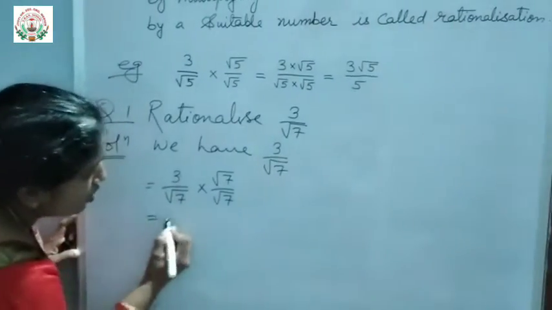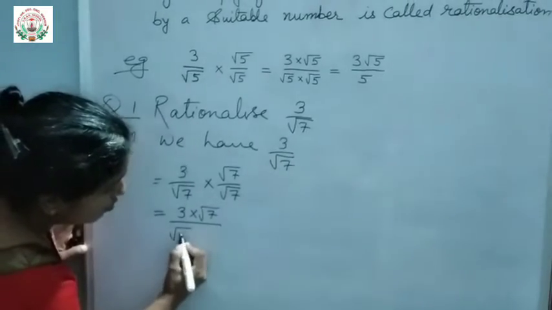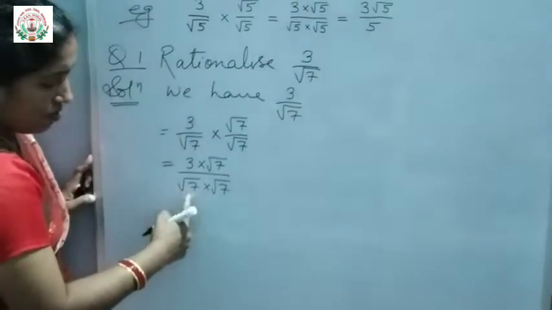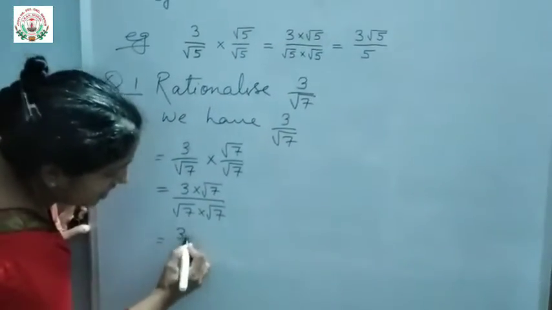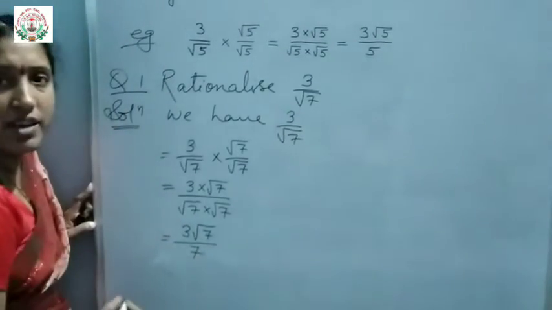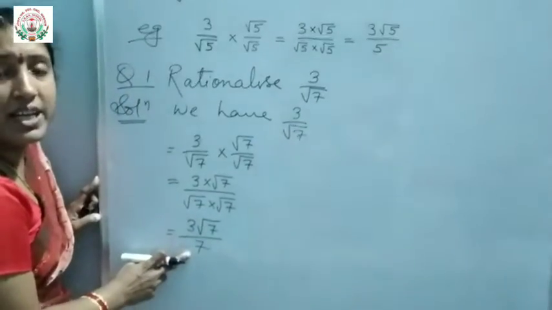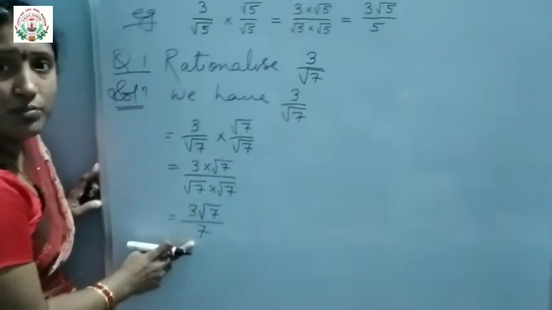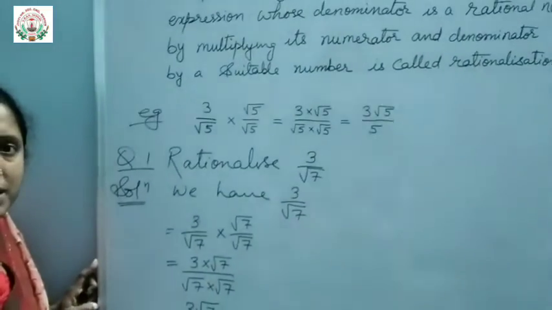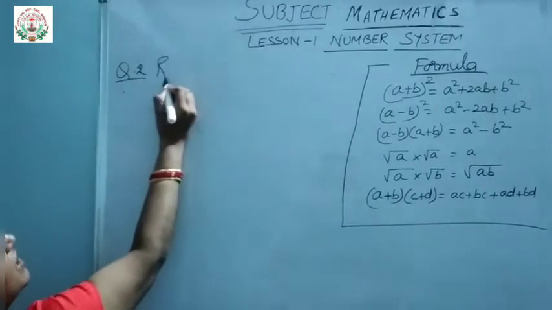Now on multiplication we get 3 into root 7 upon root 7 into root 7. Root 7 into root 7 will be 7. Now you can see the denominator is free from irrational, so it is a rational number. That is rationalization.